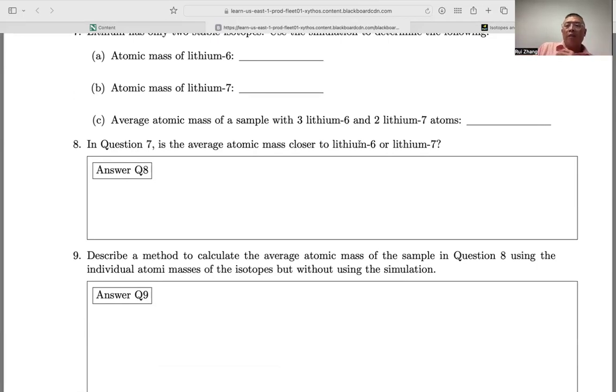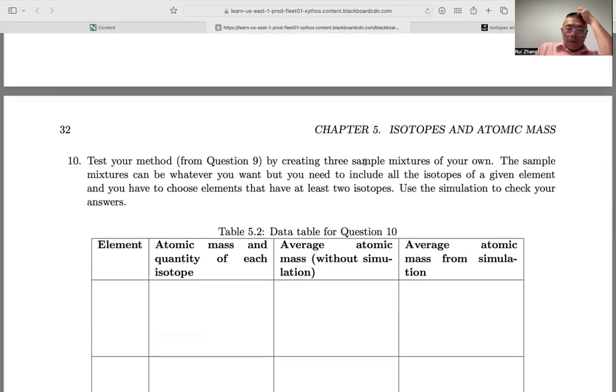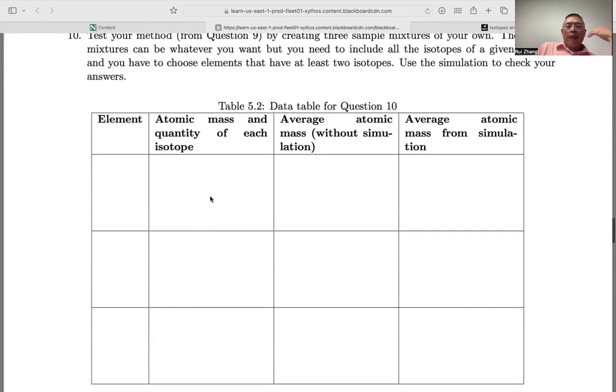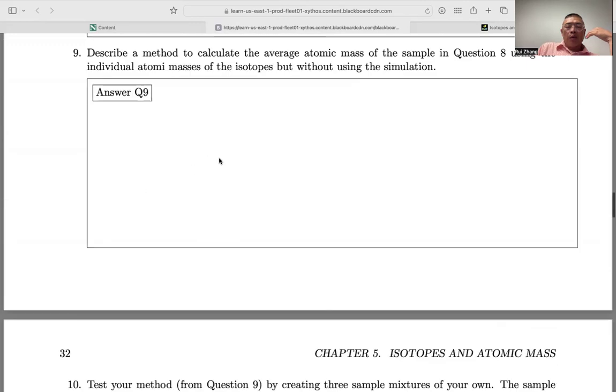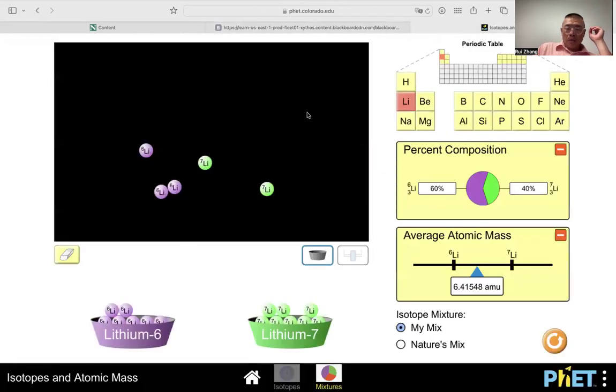Finally, test your method by creating 3 sample mixtures of your own. You can choose whatever you want, put what you plan to do here, but you can also double check with this simulation.